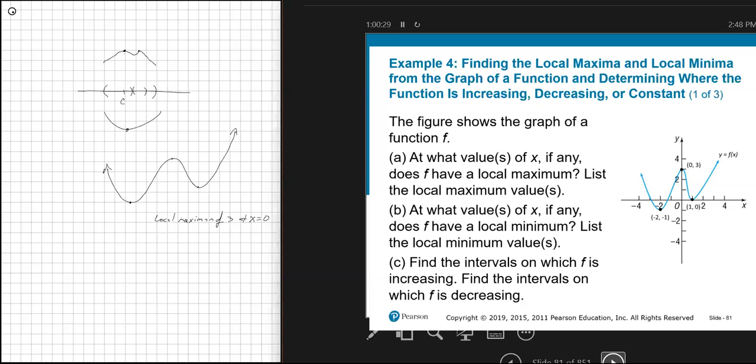We have to state where the local maximum occurs, not just what it is. All right, the local maximum is the y value at the x value that gives it.